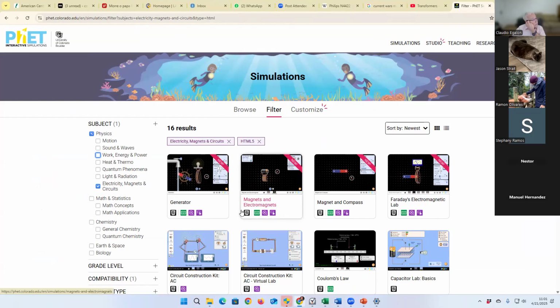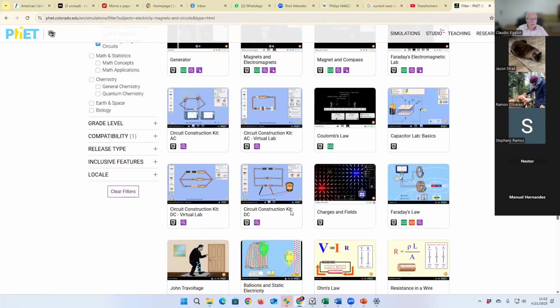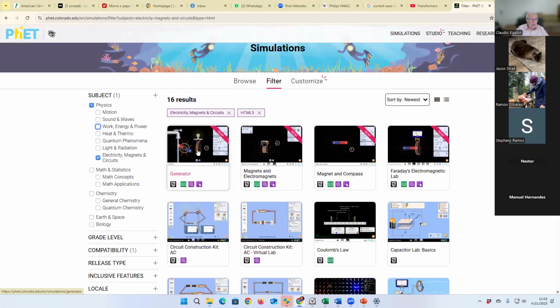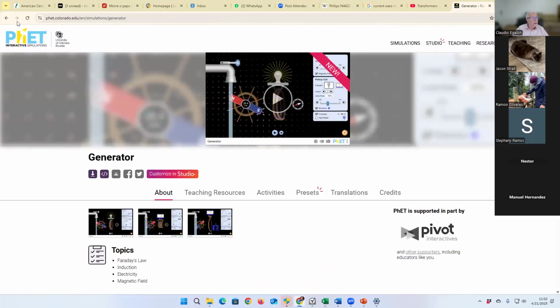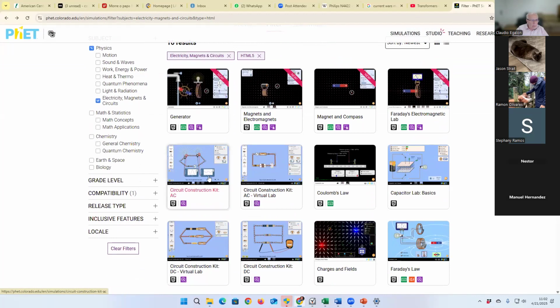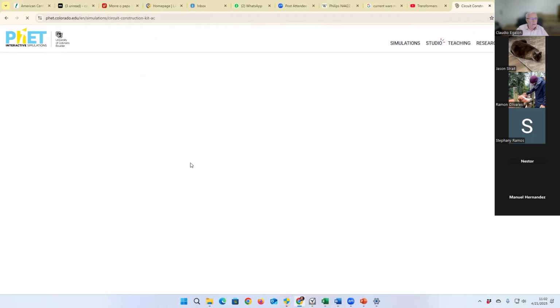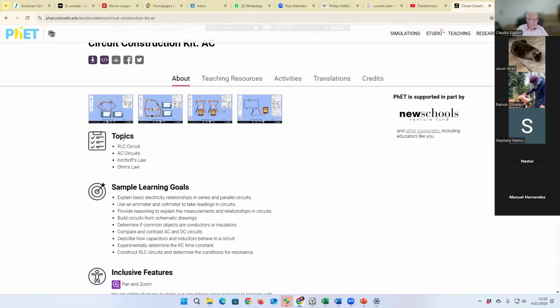In this website, we can build all sorts of DC and AC circuits. The next best thing to do the actual experiment is to do a simulation. So let's see what we can get here, maybe circuit AC, this one. Circuit construction kit, see that? AC. And we have our AC circuit, RLC, Kirchhoff. Let's try this one here.